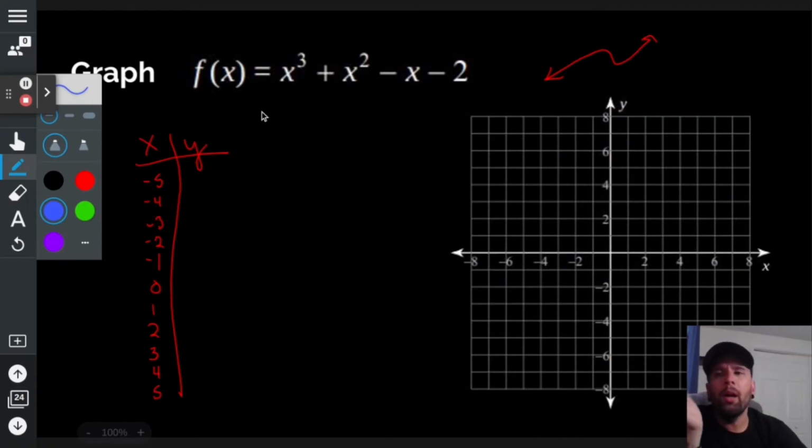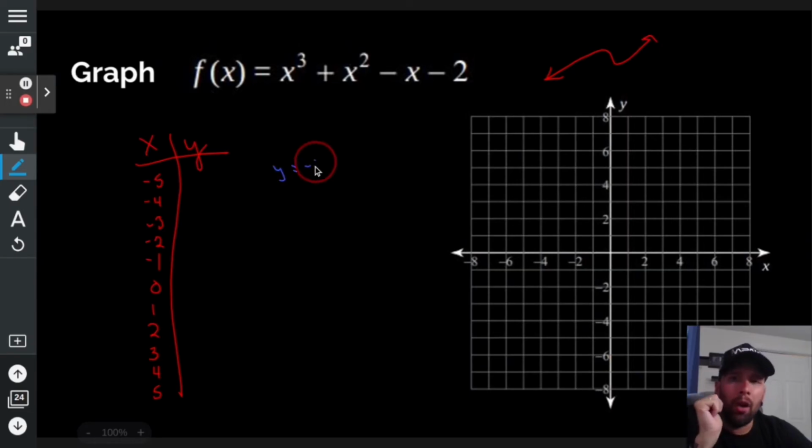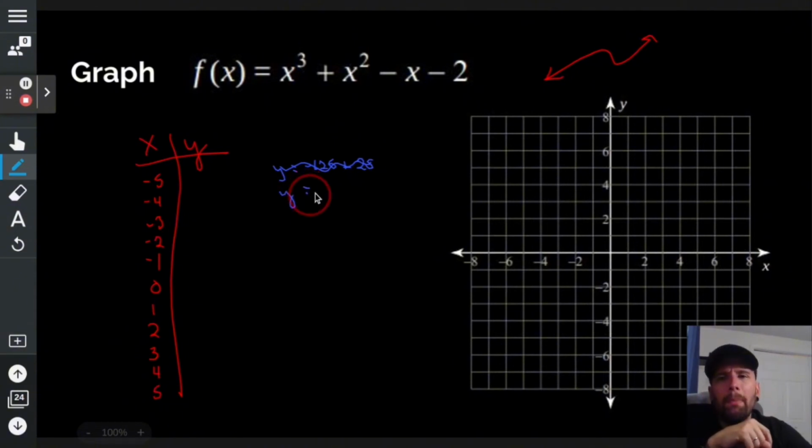So for example, if I plug in negative 5, I'm going to get negative 125, because negative 5 times negative 5 times negative 5 is negative 125, plus 25, because negative 5 times negative 5 is 25. And then minus negative 5, no. Number's going to be huge. I'm not doing it. If I plug in negative 4, that's going to give me negative 64 plus 16.